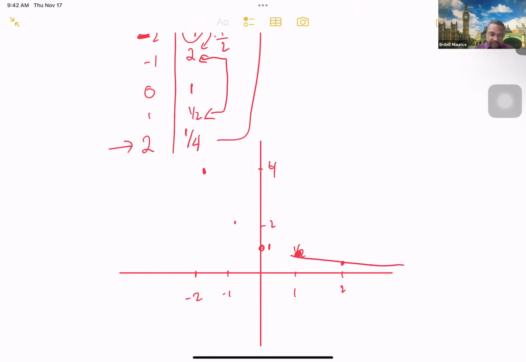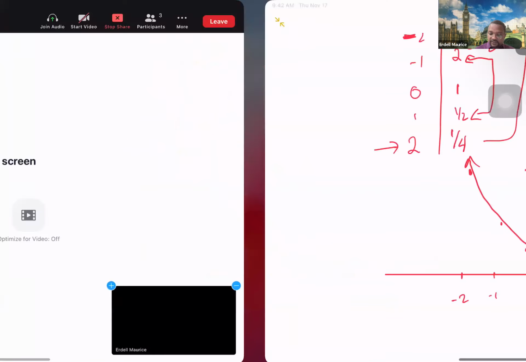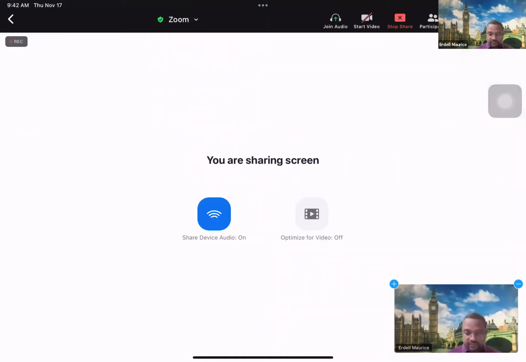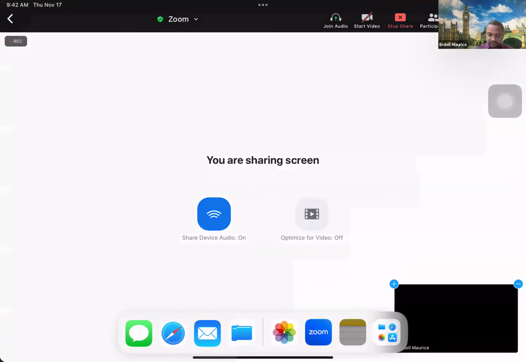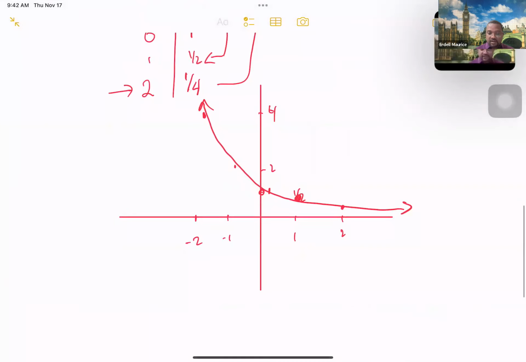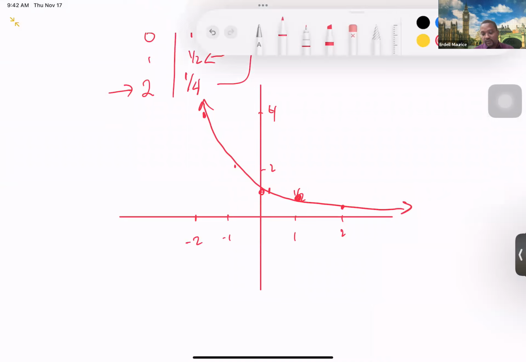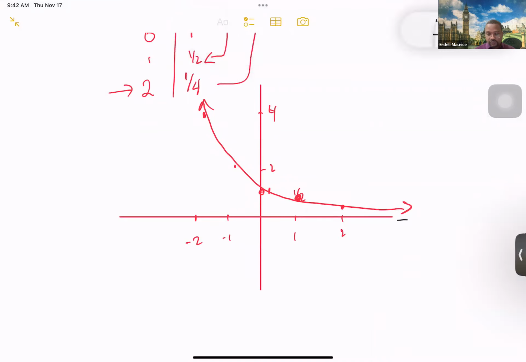And so the graph of the function looks like this. Again, having the same horizontal asymptote, that is y equals 0.